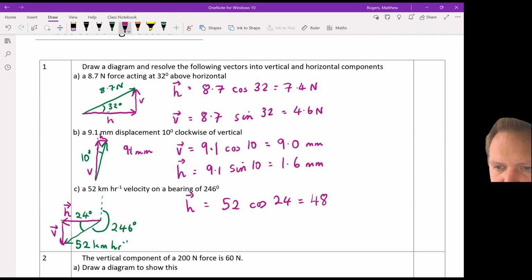So 48 kilometers per hour. And the vertical component is on the opposite side to the angle. So we're down here on the opposite side. So this will be 52 sine 24, which is 21.1, so 21 kilometers per hour.